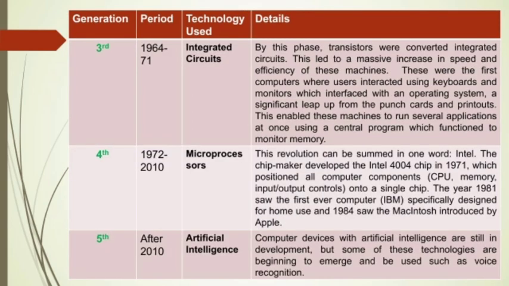During the third generation, 1964 to 1971, circuits were used in the computers. In the fourth generation, during the period 1972 to 2010, microprocessors were used in the computers. During the fifth generation, after 2010, artificial intelligence emerged as a new technology.